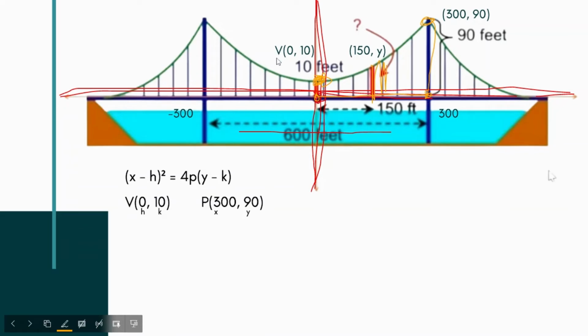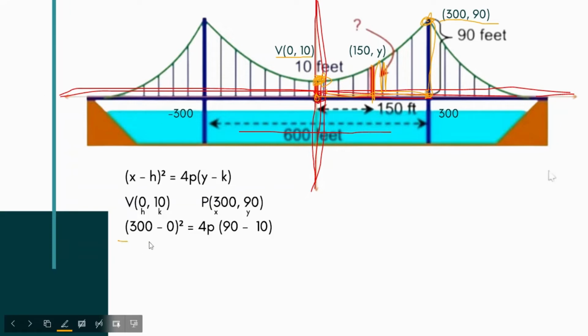Using the vertex (0, 10) and the point from the origin to this pillar, by substitution, we have 300 minus 0 squared equals 4p times 90 minus 10.